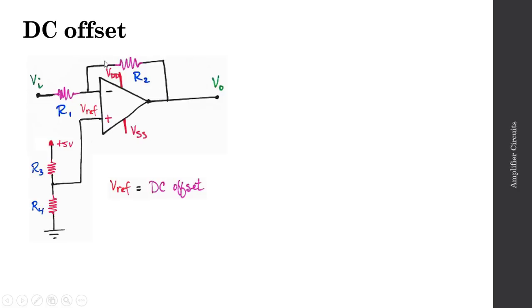I have a negative feedback configuration for my op-amp with an impedance in the feedback path. So if I have a VREF at my non-inverting input, I now have a VREF at my inverting input. And so if I look at Kirchhoff, I'll find that VI minus VREF over R1 will be equal to VREF minus Vout over R2.